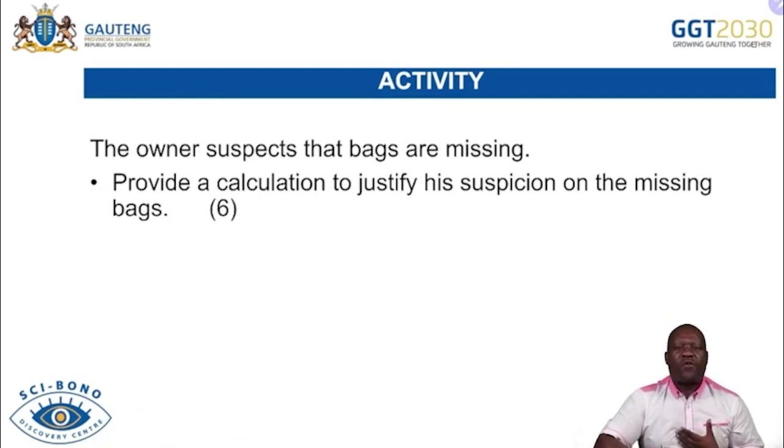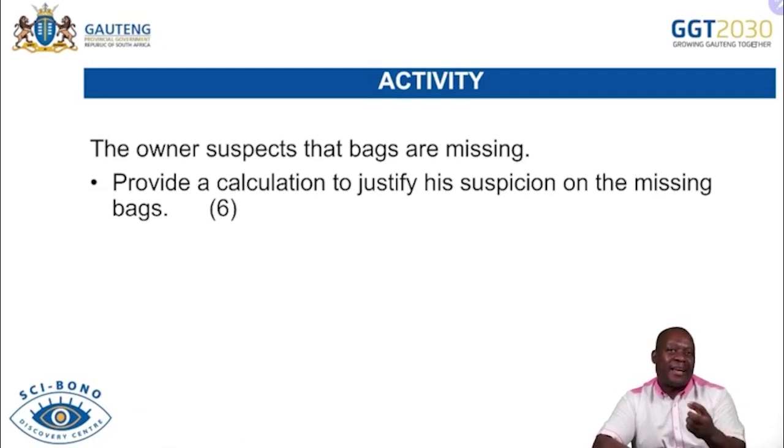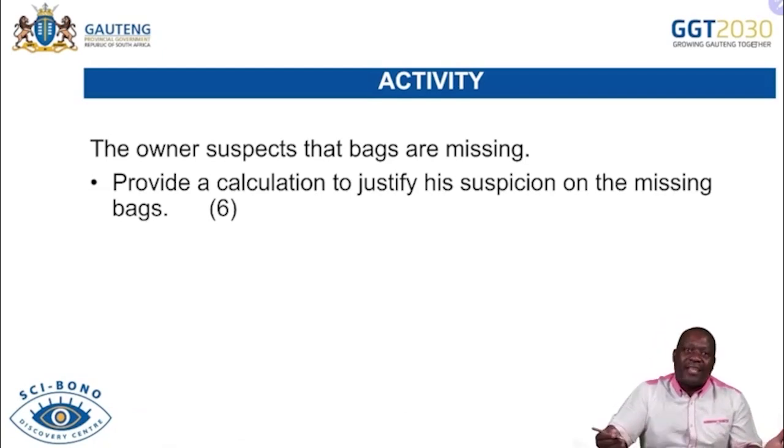But there's also a follow-up question, which is going to tell us a little bit about what we need to be aware of, and what brings about internal controls. The owner suspects that the bags are missing. Oh, people are stealing. Provide a calculation to justify his suspicion on the missing bags. So we want to ascertain whether bags are really missing, or the owner is just paranoid and thinking people are stealing from him.